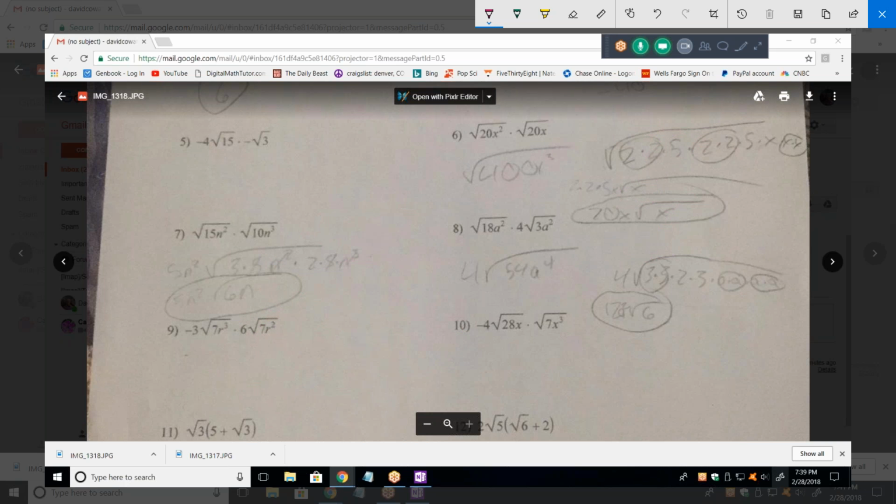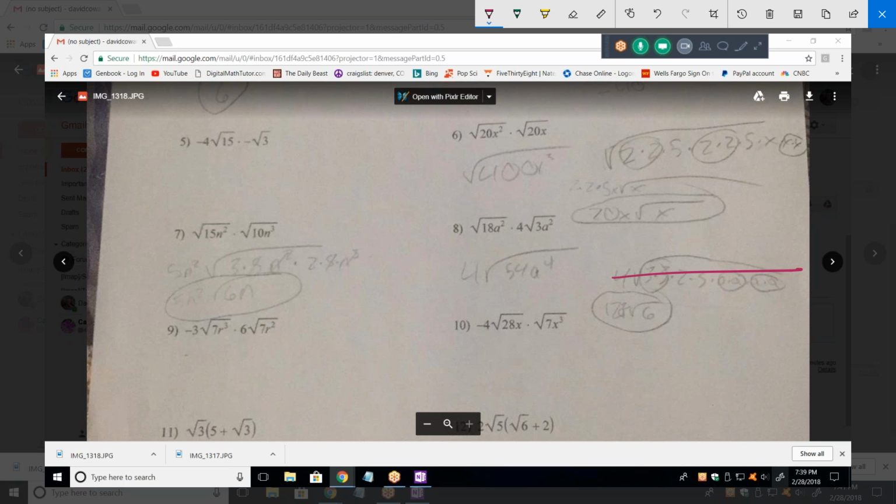Which one was that? That was 7? Yeah, no, that was number 7. Okay, well, let's just look at your work. Again, I don't think we want to see all that stuff over there. So if we just do the multiplication first, what do we get?